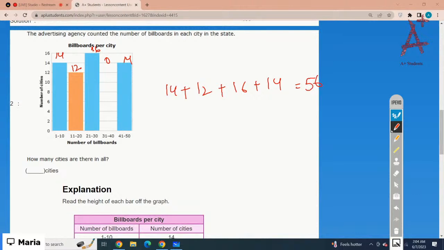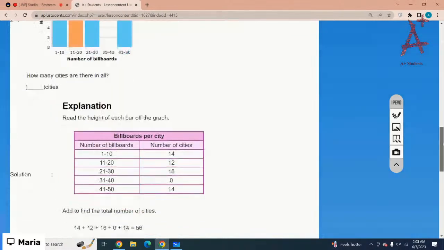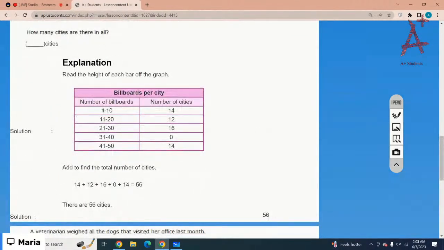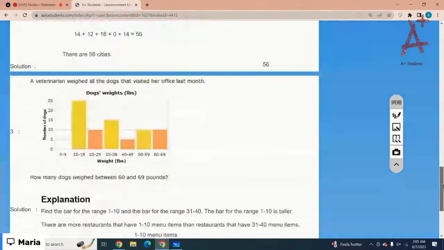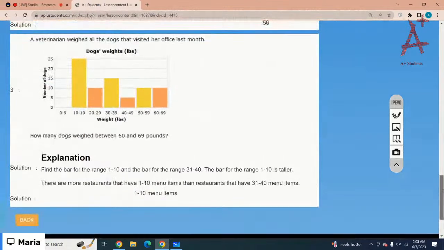That means the total number of cities is 56. You can do it both ways: either make a table or just look at the values on the graph and add them. Got it? On A Plus, you can make the table.